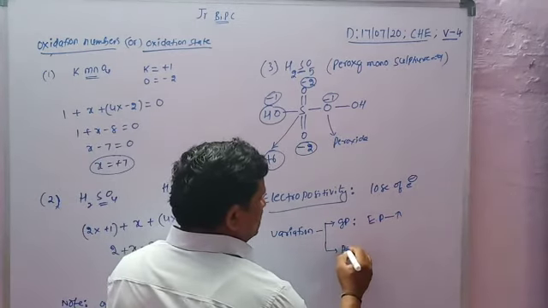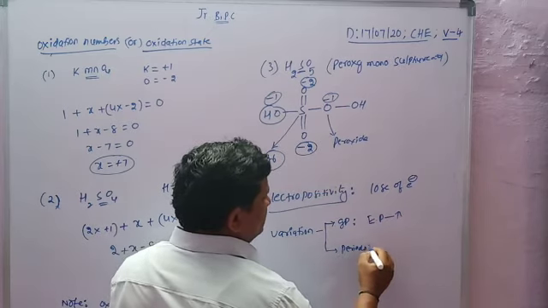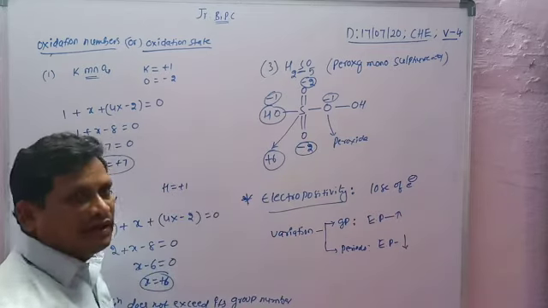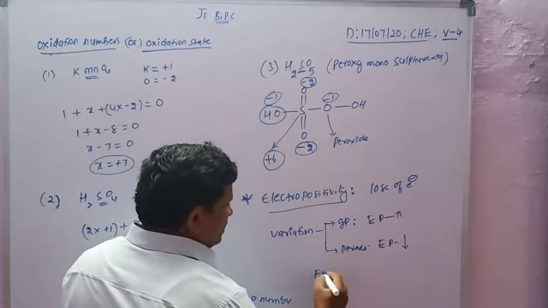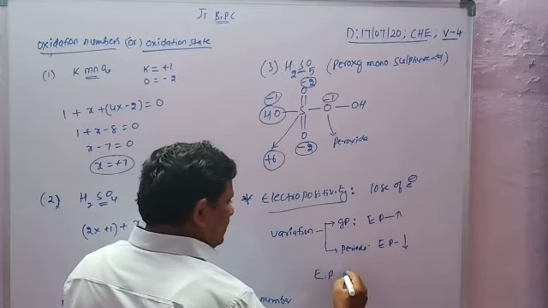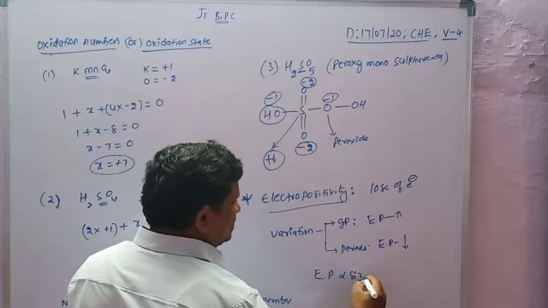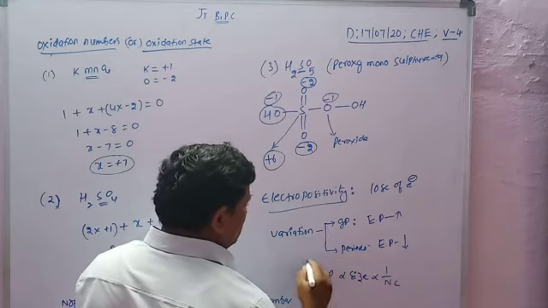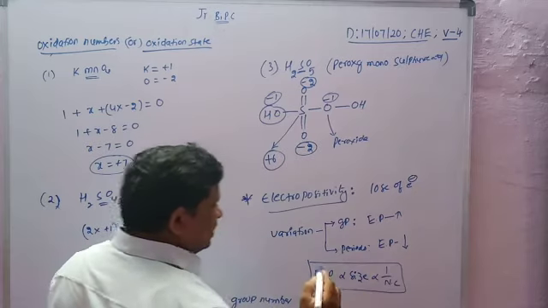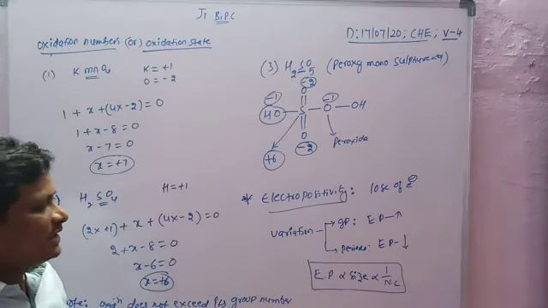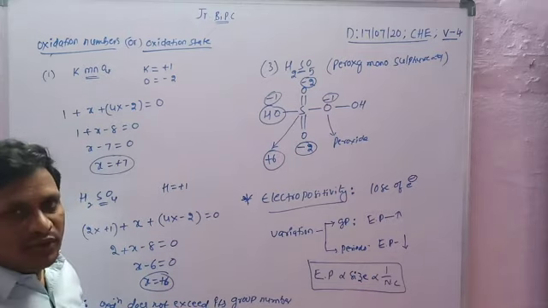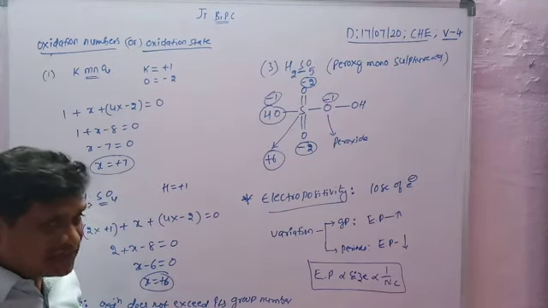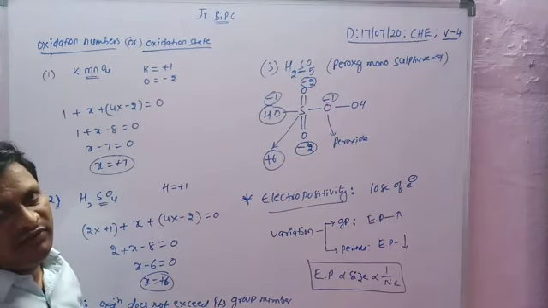In periods, electropositivity decreases, because electropositivity is directly proportional to size and inversely proportional to nuclear charge. Electropositivity is the inverse concept of electronegativity.